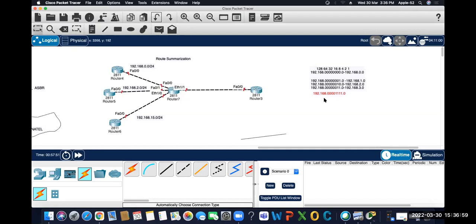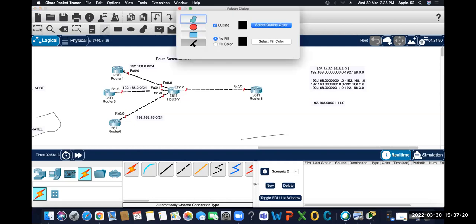What does this mean? Even if I go for the 15th network, how many bits are the same in all networks? 8 bits here, 8 bits here, and 4 bits here.